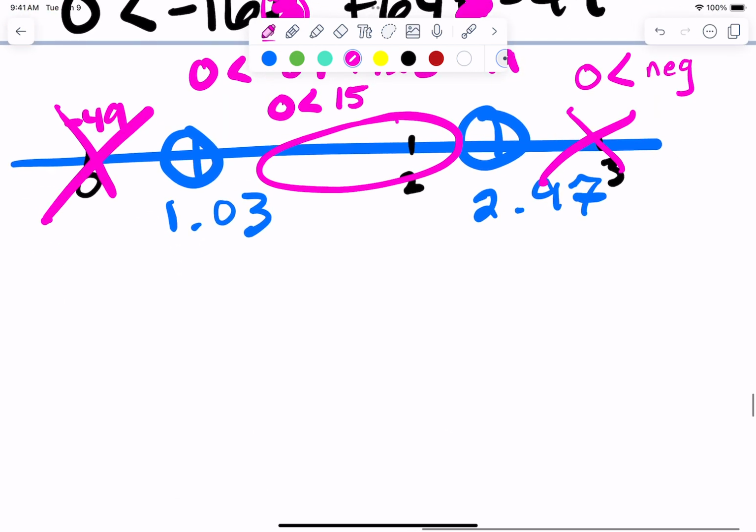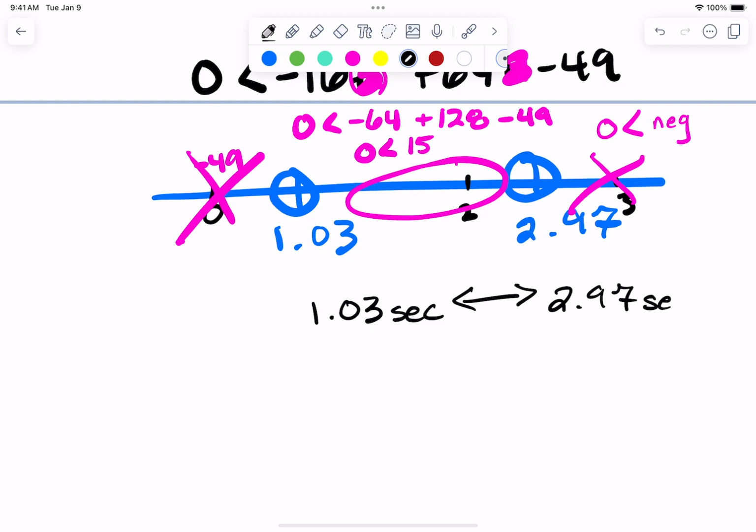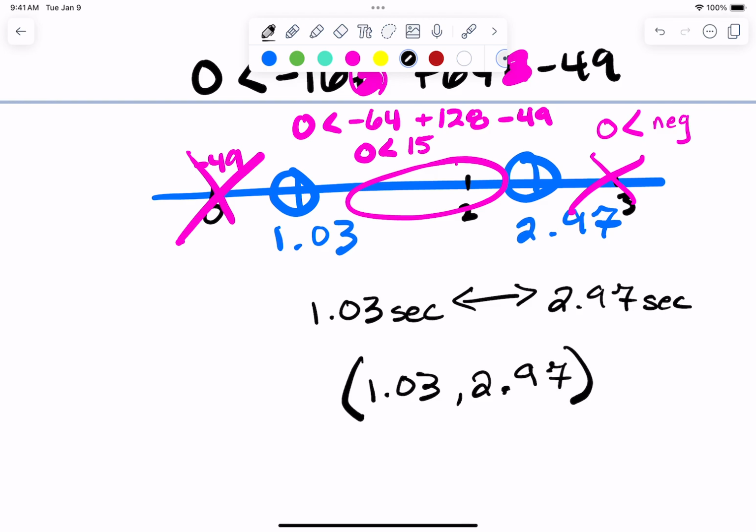So that means he is above 50 feet in the air between 1.03 seconds to 2.97 seconds in flight, or in interval notation, 1.03 to 2.97. That is when he is above 50 feet in the air.